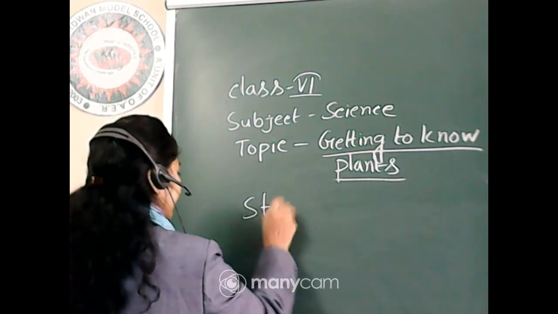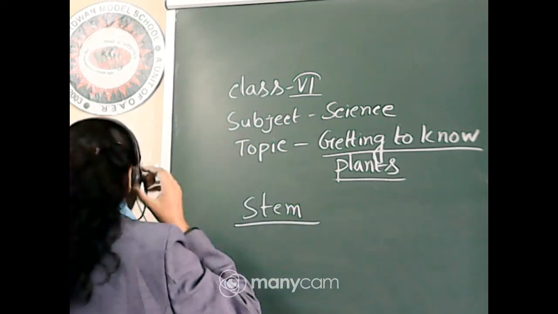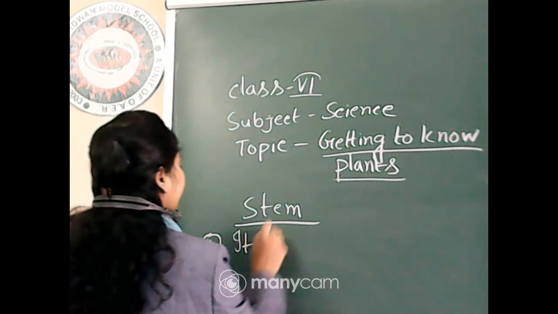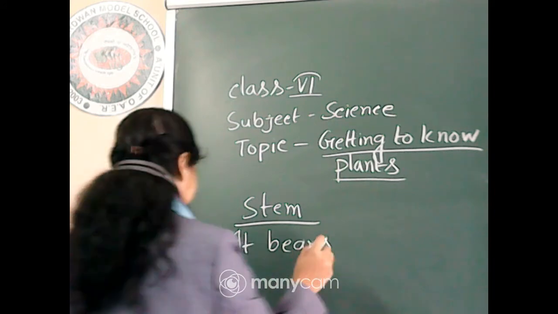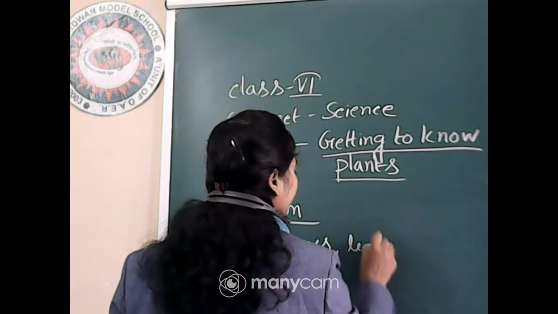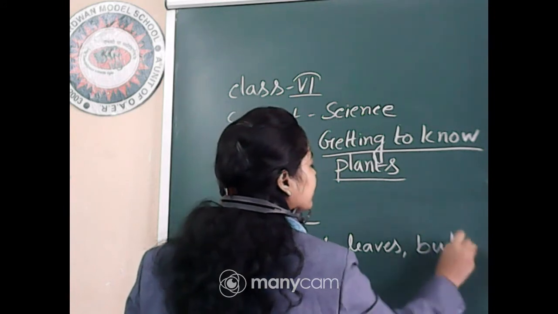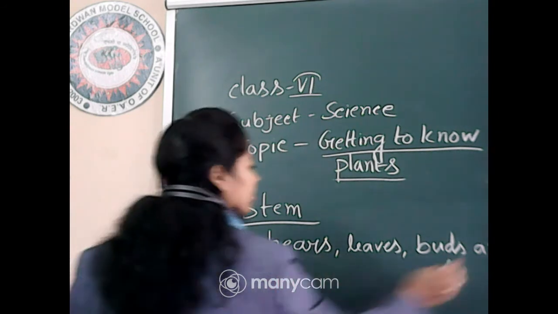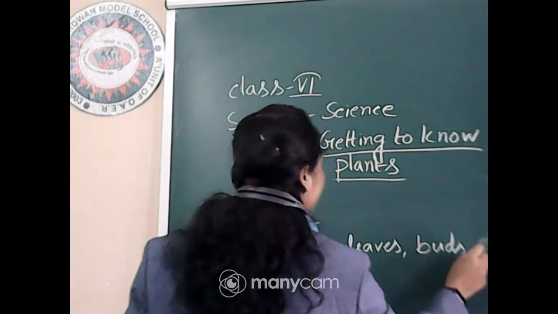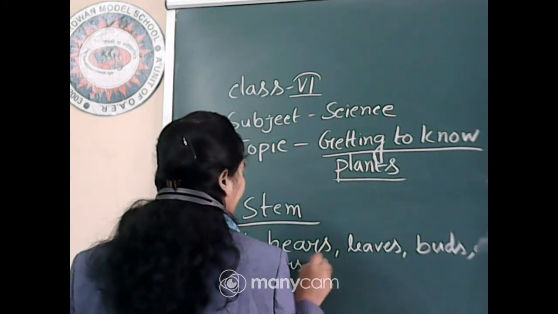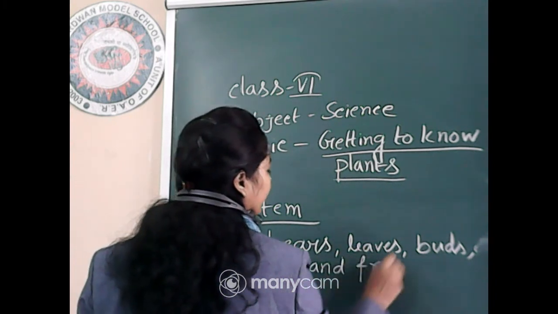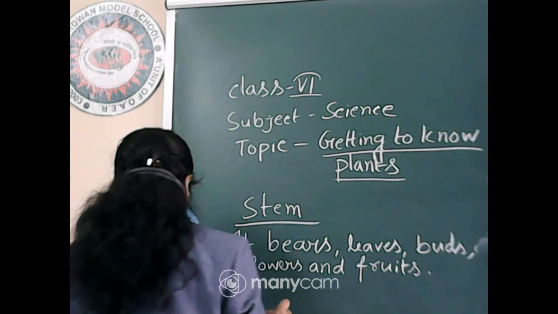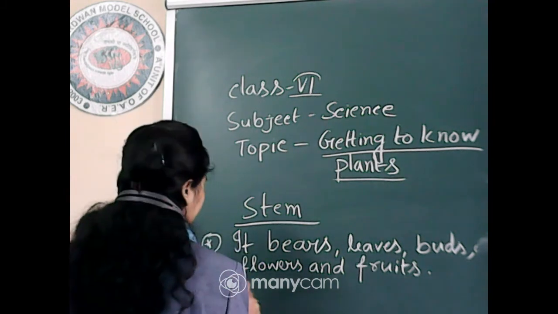For stem, you know, it bears leaves, buds, flowers, and fruits. Okay. This is the first and foremost thing of stem.